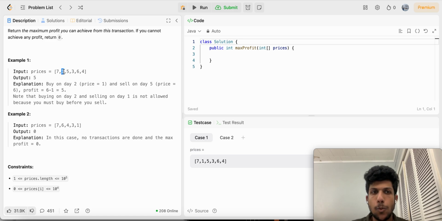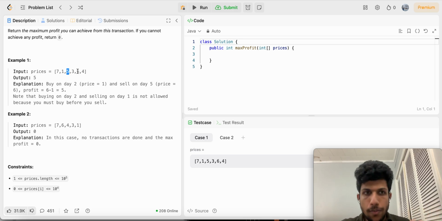Now I would come to 1, then calculate profit with 5, then 3, then 6, then 4. Then I would come to another number, that is 5, and calculate it with 3, that is minus 2, 6, that is 1. Similarly, in this way I would calculate profit from each pair, and then find the maximum profit across all of these pairs.